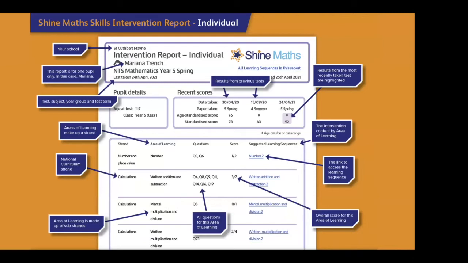So you've got number, written addition and subtraction, mental multiplication and division, and it shows the questions that were used for that area of learning. It then tells you the score for that individual pupil, and it shows you the suggested learning sequence for that pupil for each different area. If it says not applicable, it means that they've actually scored above the Shine threshold, or a question hasn't been asked on that particular area. Next slide, please.